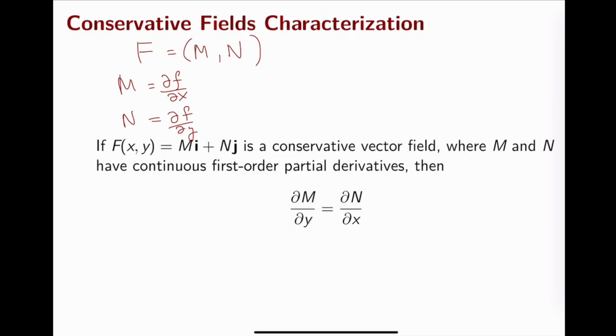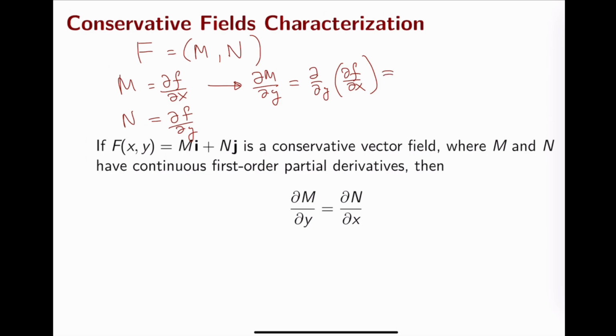If that happens, when we do the derivative of m with respect to y, with respect to the other variable, what we are doing is the derivative with respect to y of the derivative of f with respect to x.